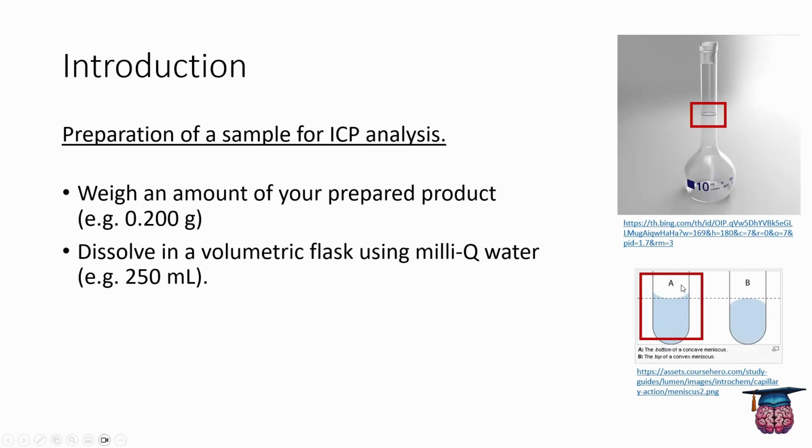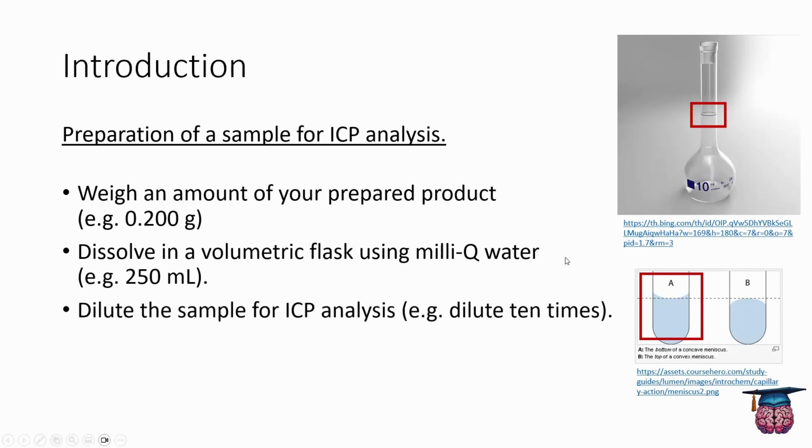Water in glass typically has a meniscus such as in A. It is also very important to note that when we fill up to this line, we need to bring this line up to eye level so that we do not make a parallax error and maybe influence the concentration that we think we might have.